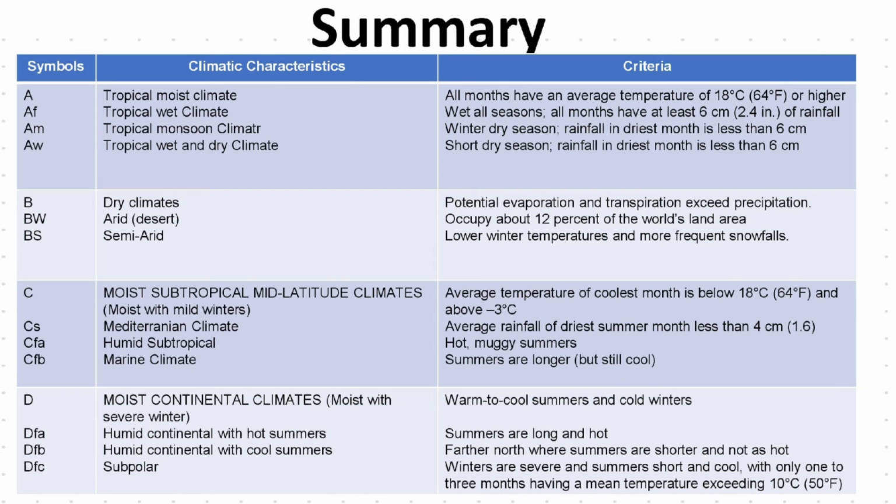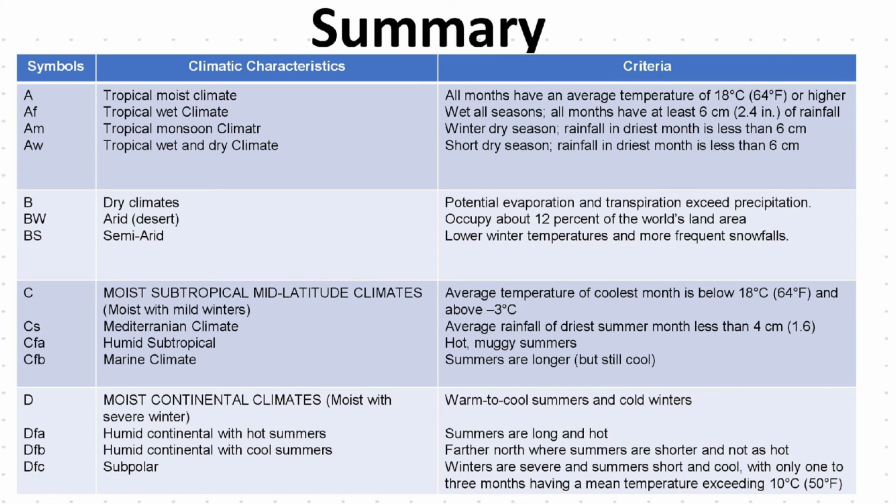So let's proceed to group C, the moist subtropical mid-latitude climates. This type of climate has an average temperature of the coolest month below 18 degrees Celsius or 64 degrees Fahrenheit and above negative 3 degrees Celsius. Under group C, we have three types. The first one is CS, which is the Mediterranean climate.